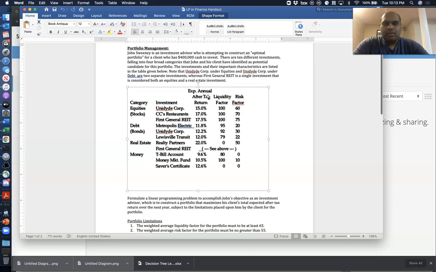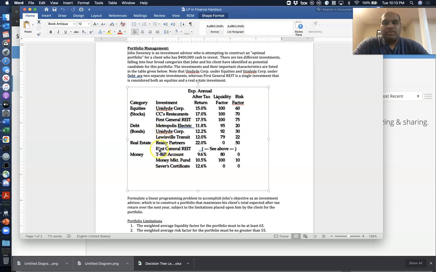Now, note that Unidad Corp under equities and Unidad Corp under bonds are two different investments. In one you're investing in the company stocks itself. In the other you are buying bonds from the company, or basically loaning some money to the company.